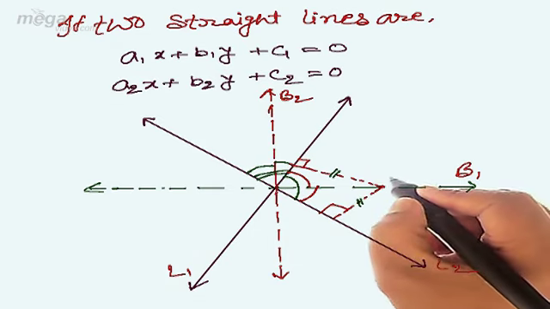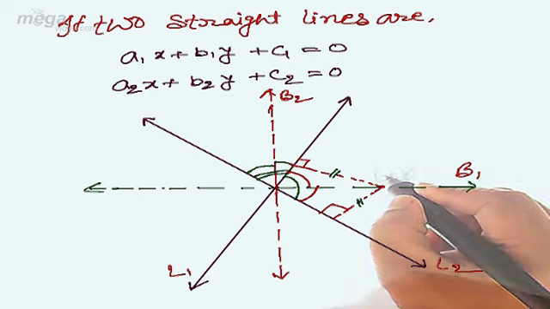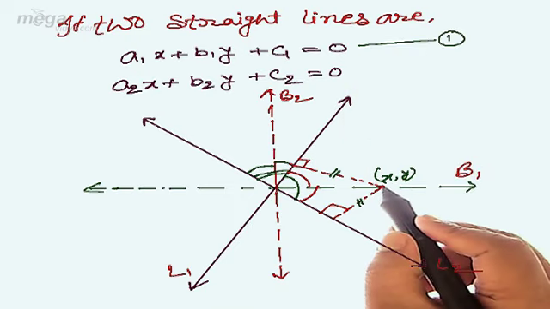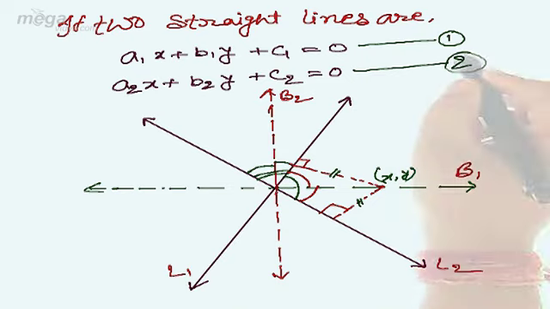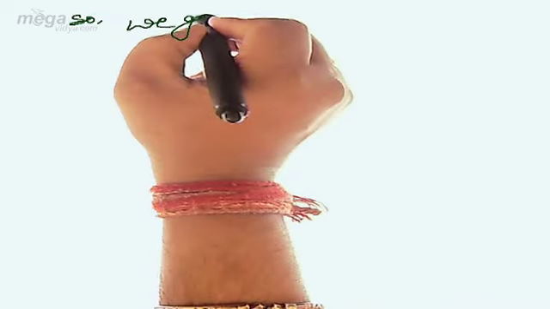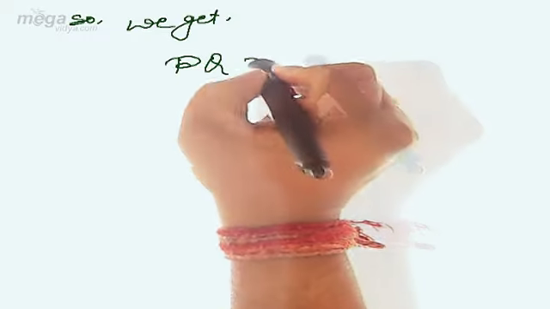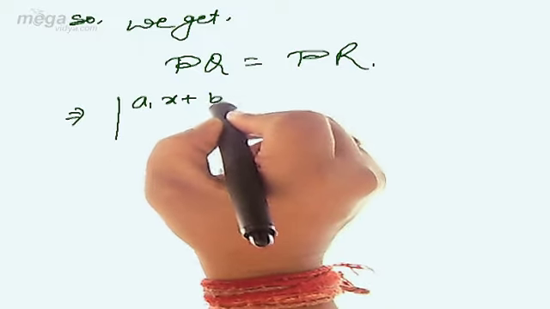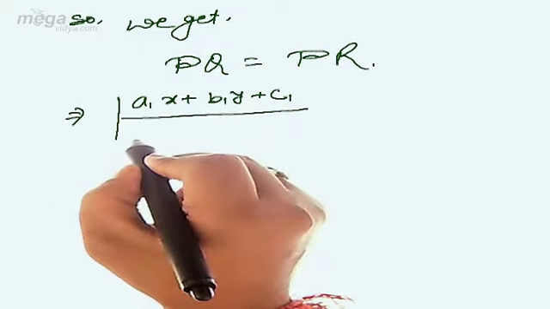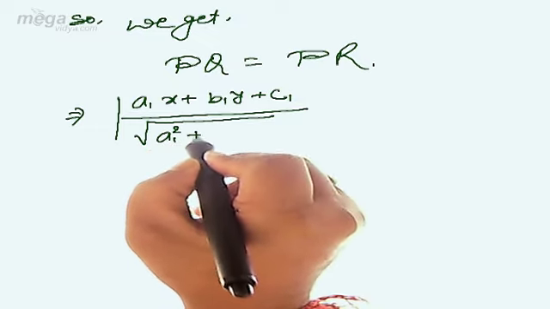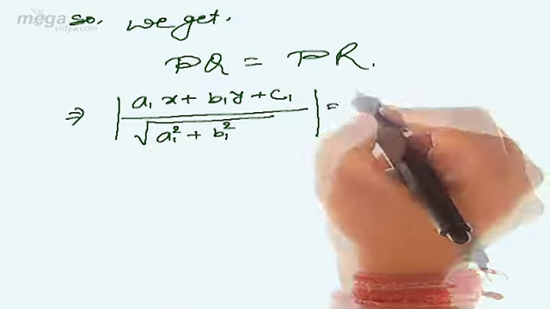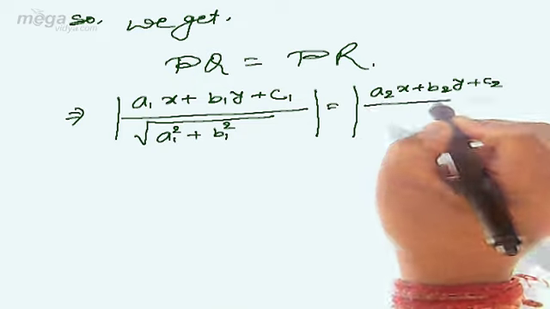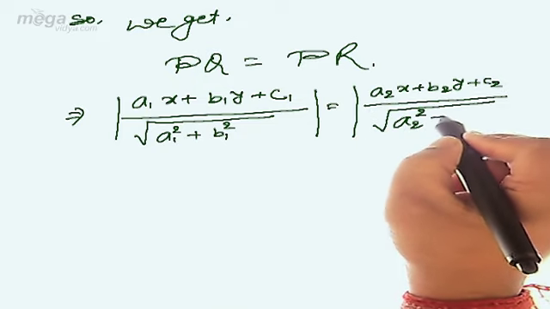If we take this point as x comma y, then the distance of x comma y from the first line and the distance of x comma y from the second line should be equal. So we get PQ equal to PR, and hence mod of a1x plus b1y plus c1 upon root under a1 square plus b1 square is equal to mod of a2x plus b2y plus c2 divided by root under a2 square plus b2 square.